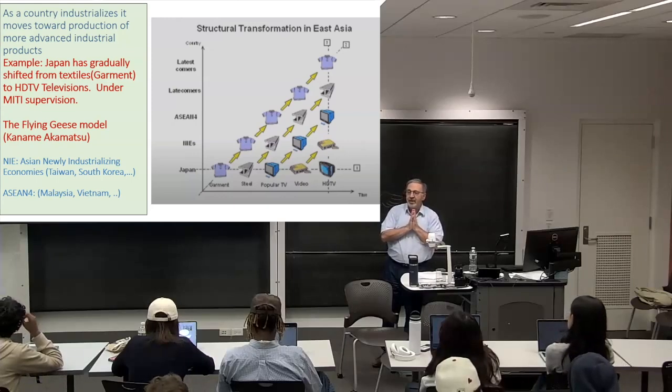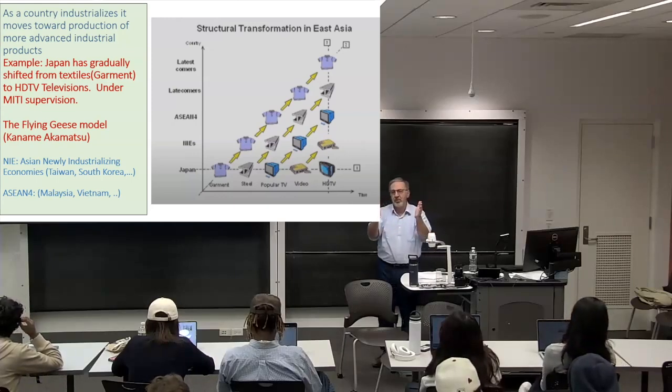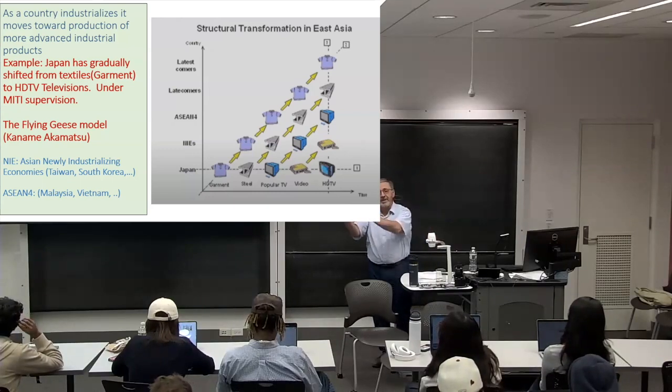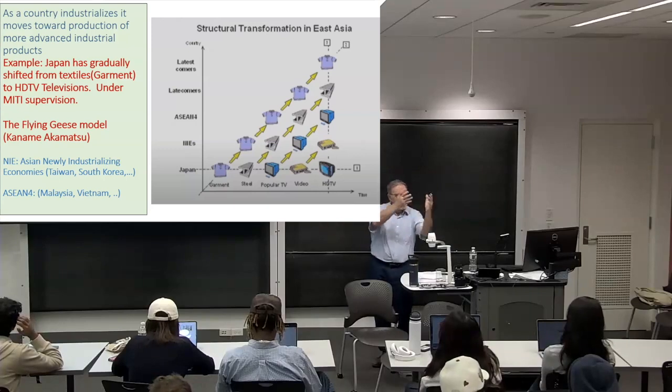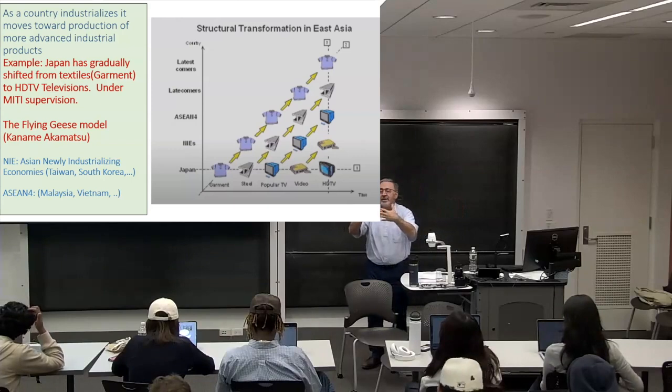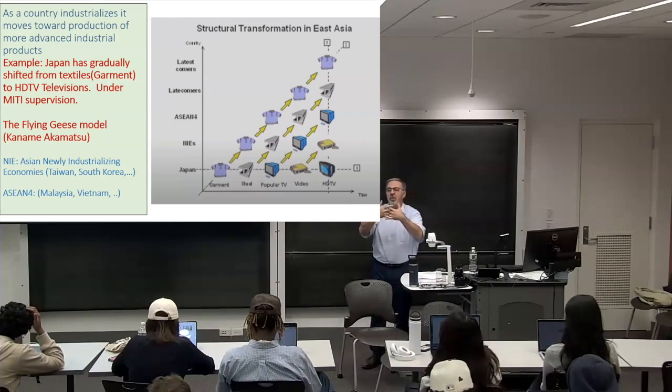Correct? Take the example of automobiles. You have American cars produced and sold in Germany, German cars produced and sold in the United States. So we have bilateral trade on multiple numbers of industrial products in advanced stage countries.